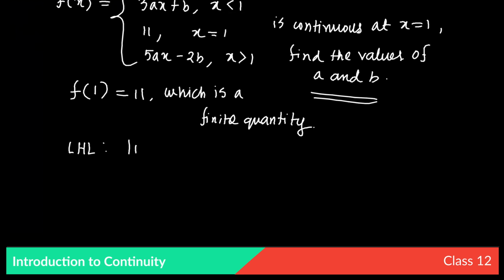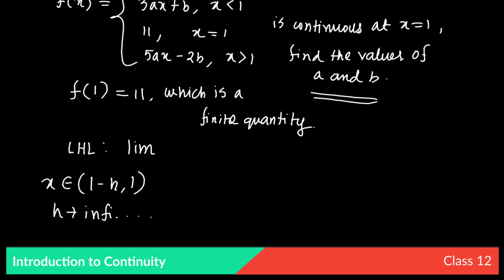LHL means we are on those values of x which are from 1 minus h to 1, where h is an infinitesimally small positive quantity.